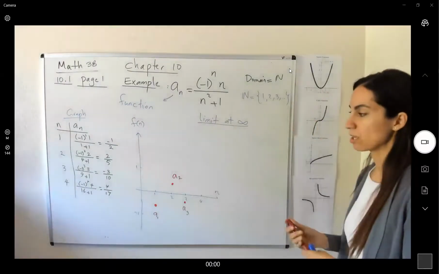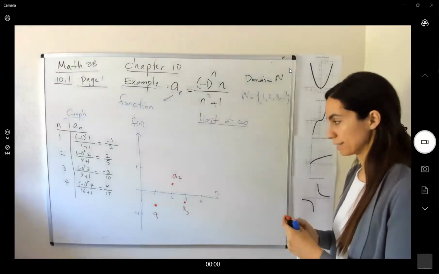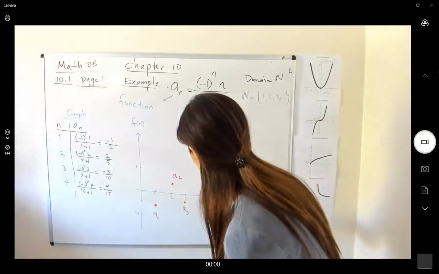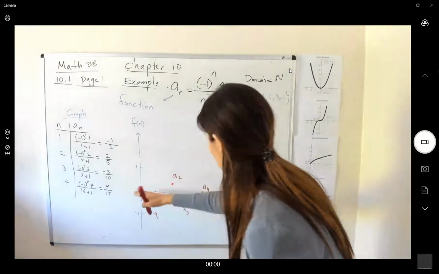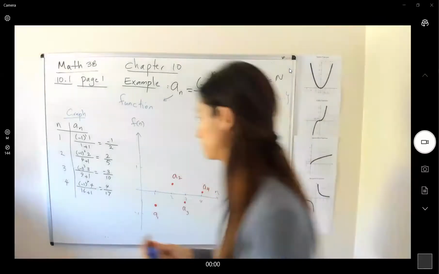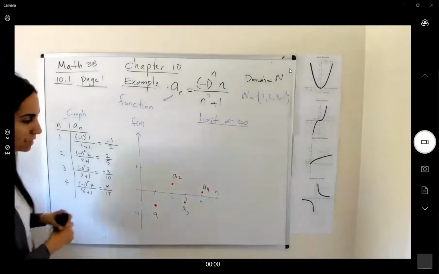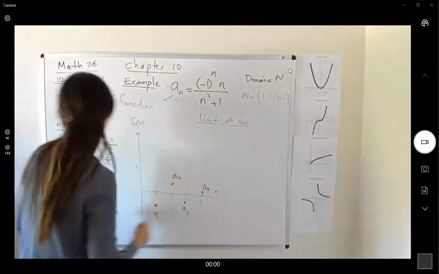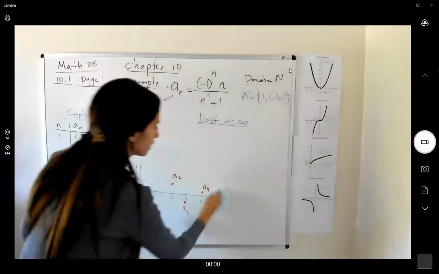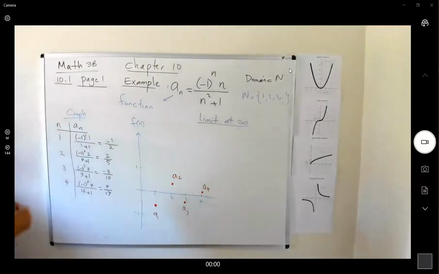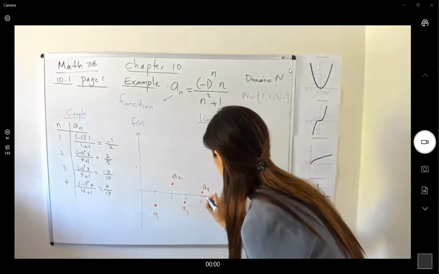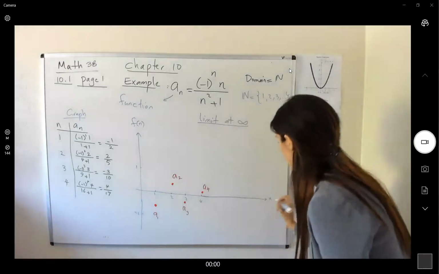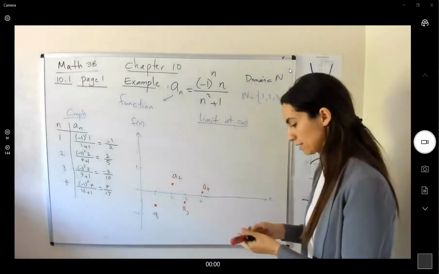My fractions are getting smaller and smaller, and they're getting closer and closer to the horizontal line. So it seems like if I plug in more values, and if I continue this process, all terms are getting closer and closer to the horizontal axis.